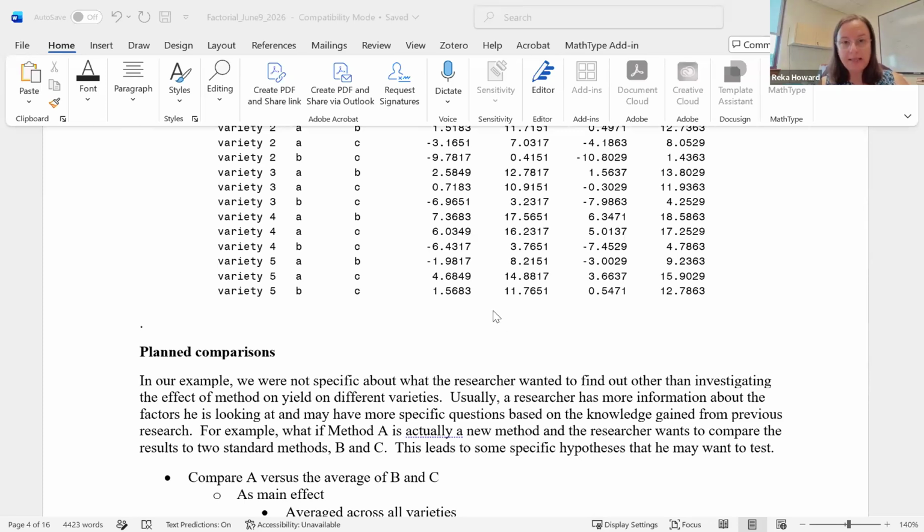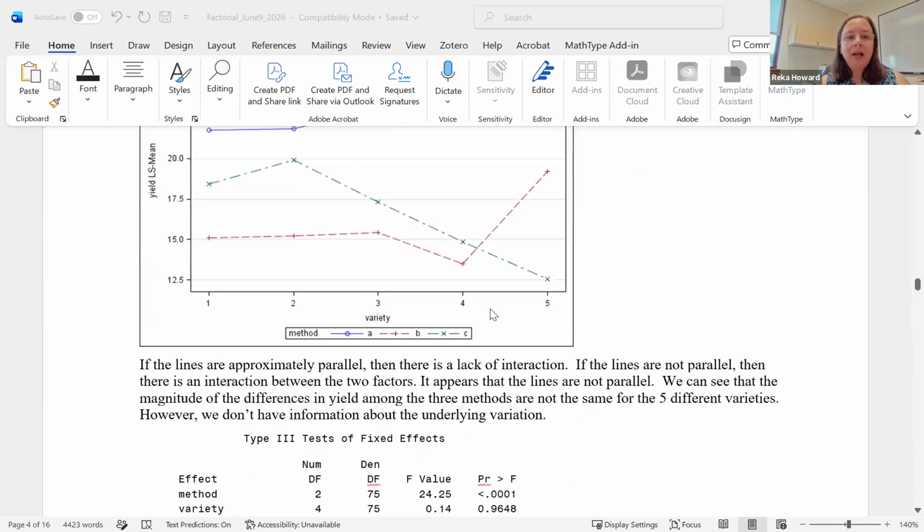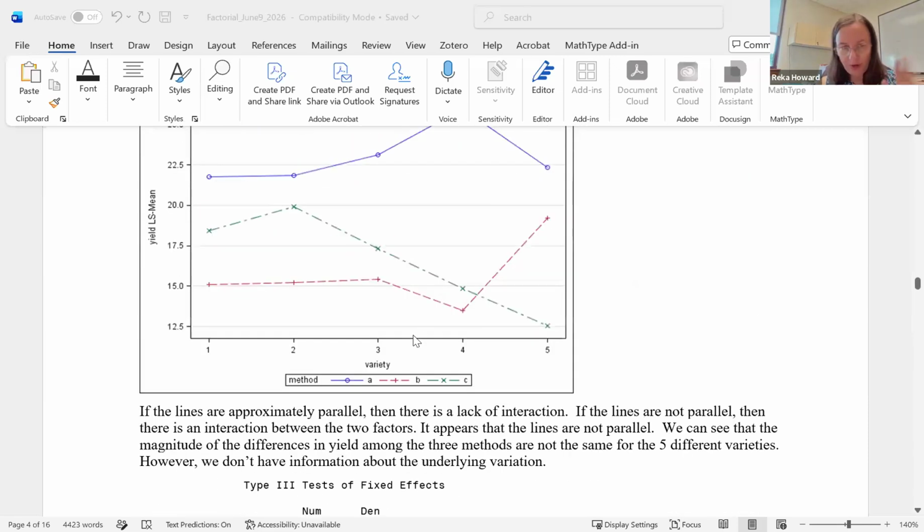So in this case, let's say that I want to compare, for some reason, the average of methods B and C with method A for variety 1 and 2. So that's a very, very specific comparison. Then I have to actually hand code this.